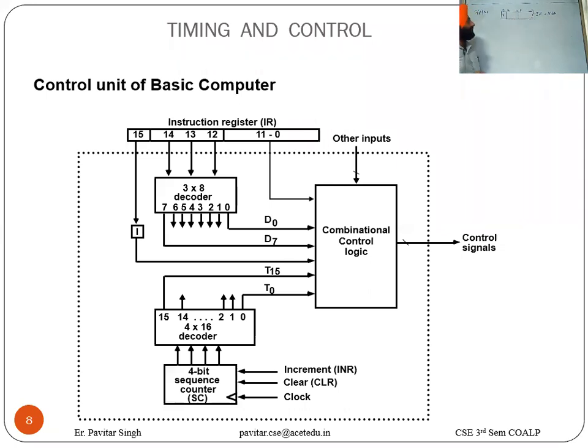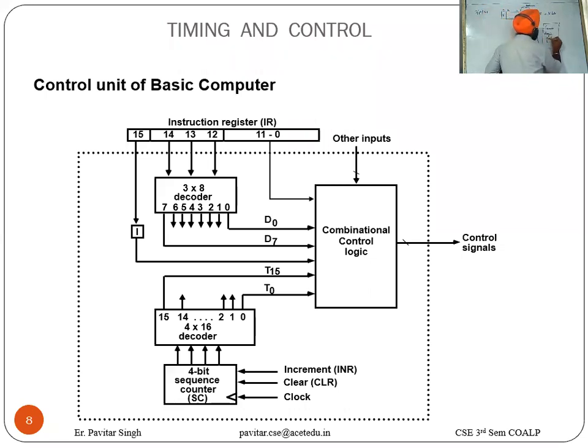After that, bits 0 to 11 represent your address, if you remember. It will be given as input to the combinational logic gates, where we have a combination of multiple gates such as AND, OR, NOT, and XOR. All the combinational gates will be placed over here.